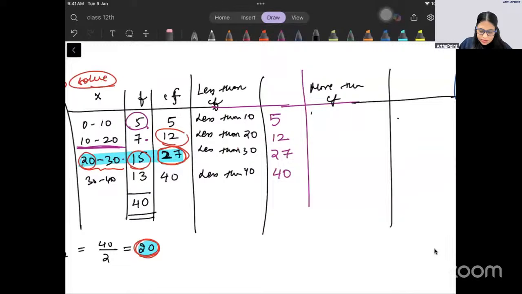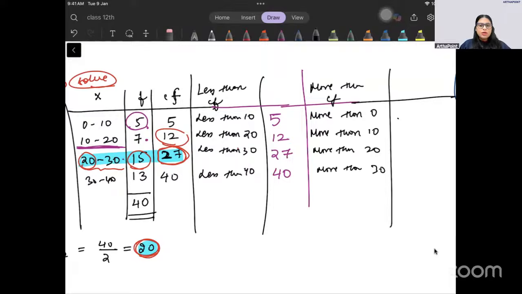So you get more than 0, more than 10, more than 20, more than 30. So how many are more than 0? Everything is more than 0, right? So everything is more than 0. How many are more than 10? These are more than 10, right? This is not more than 10.